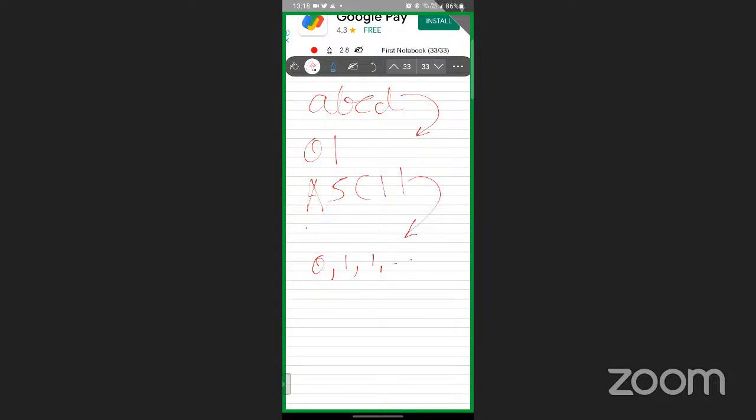Suppose while transmitting, there occurs an error. Suppose there is a lightning. You transmitted this sequence, and because of the lightning, something like this goes further. How are you going to take care of these errors?